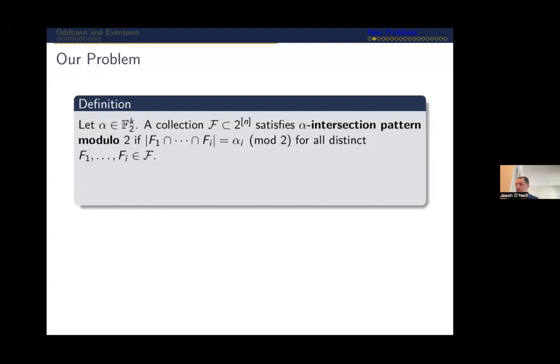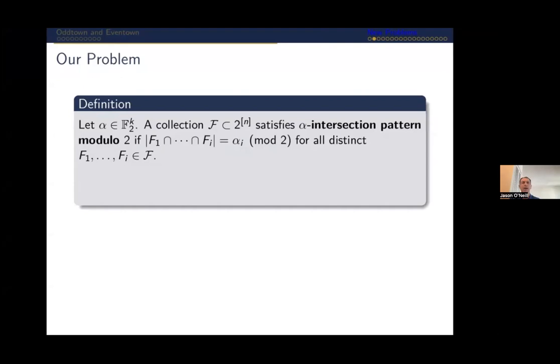Someone gives you some vector, and a set family is going to satisfy that vector's intersection pattern if, when I look at the ith coordinate, it's alpha sub i, that means all i-wise intersections are going to have size alpha sub i mod 2.